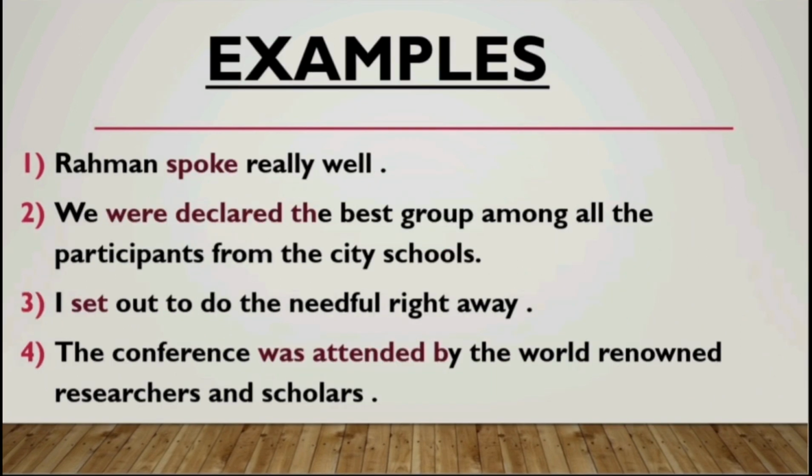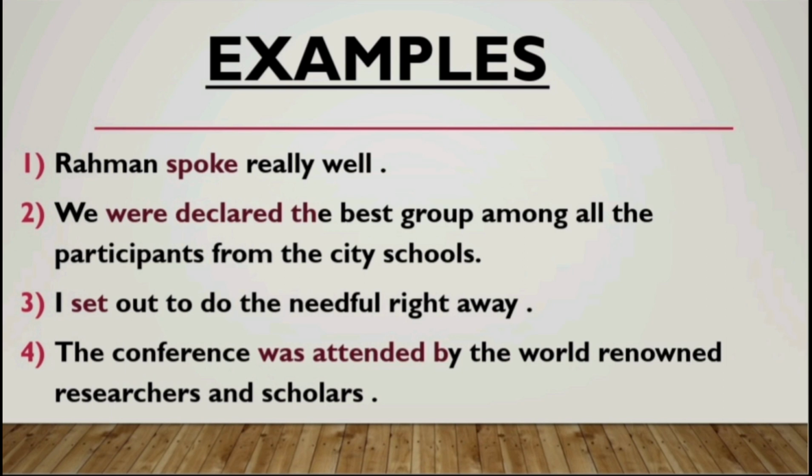Let us have some more examples of simple sentences so that you will be able to comprehend this topic better and find it more approachable. The first example is, Rahman spoke very well. In this particular example, spoke is a finite verb. A sentence in which there is a single finite verb happens to be a simple sentence, right?